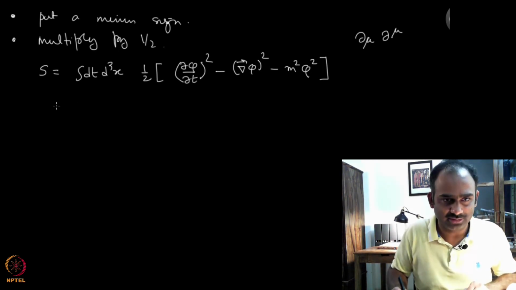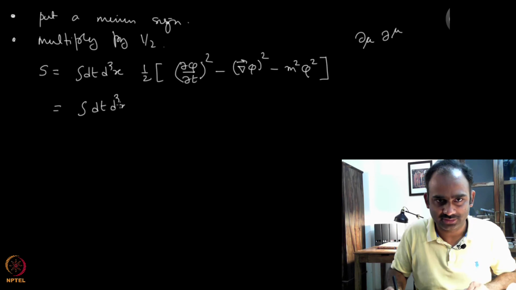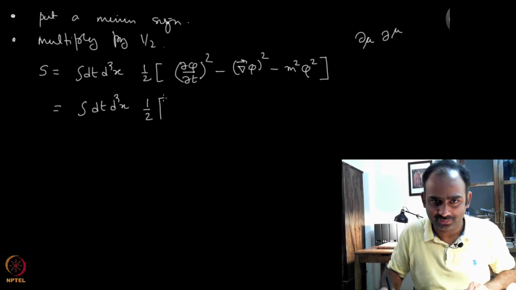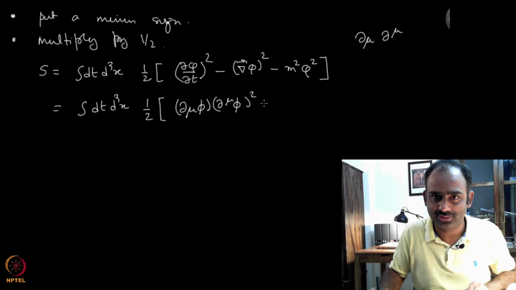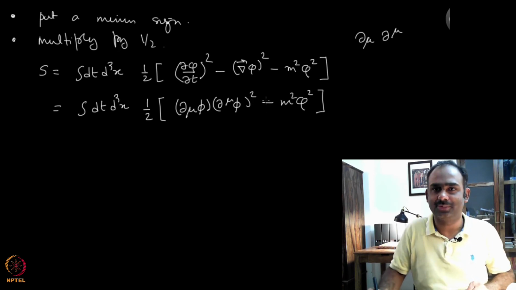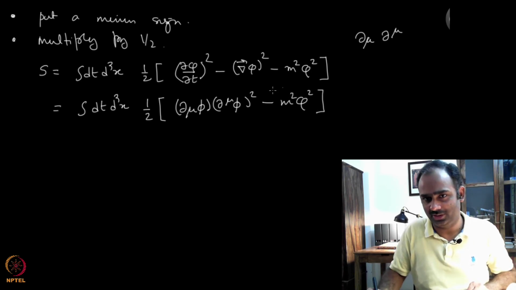Let me also write it in a slightly different form, using the notation of Lorentz indices. It becomes del mu phi, del mu phi squared, minus m squared phi squared, because that's the term which belongs to a potential term.